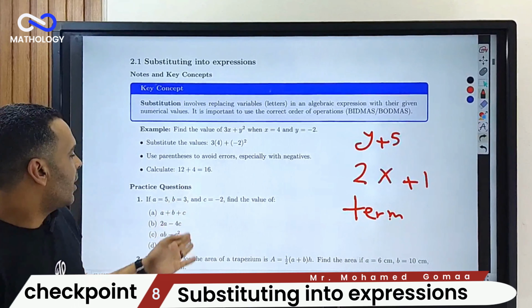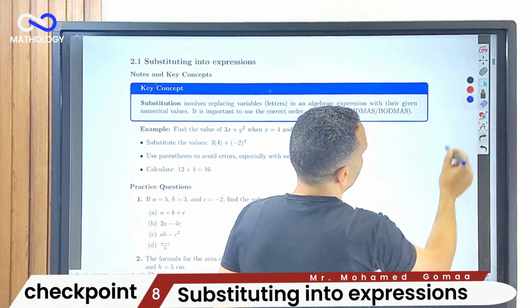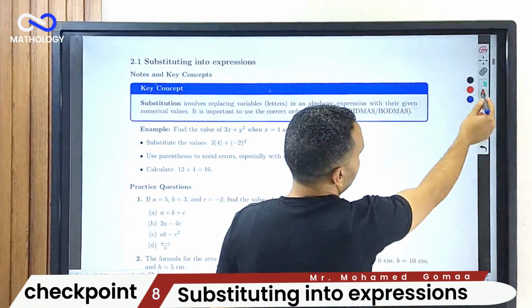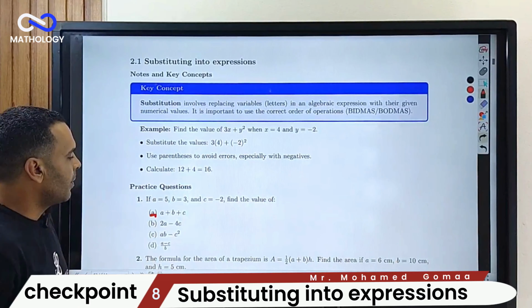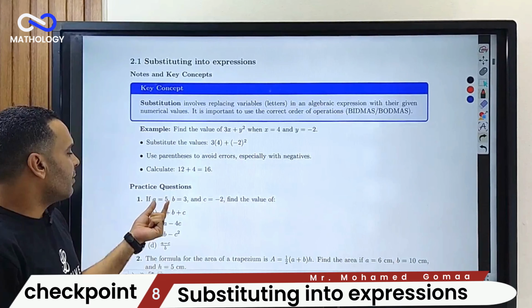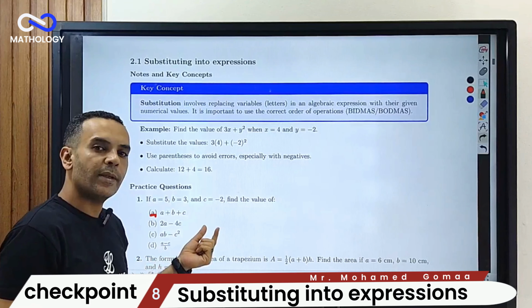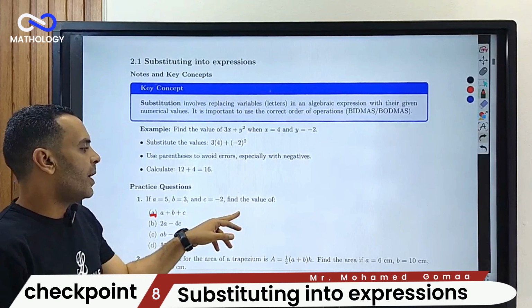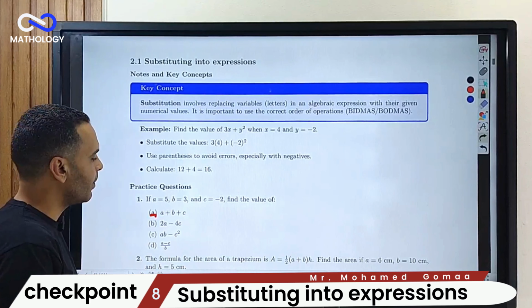Like if you have a plus b plus c, an algebraic expression. If I ask you to put 5 instead of a and 3 instead of b and -2 instead of c, find the value of the algebraic expression a plus b plus c.